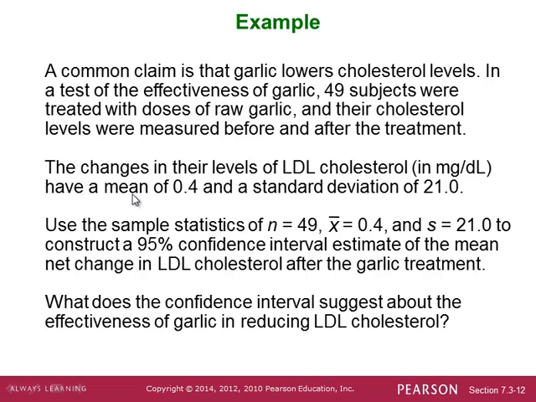So we have a mean x bar of 0.4 and a standard deviation s of 21.0. We're going to use the sample size of 49 subjects, x bar of 0.4, and s equal to 21.0 to construct a 95% confidence interval estimate of the mean net change in LDL cholesterol after the garlic treatment. And we'll also answer the question: what does the confidence interval suggest about the effectiveness of garlic in reducing LDL cholesterol?